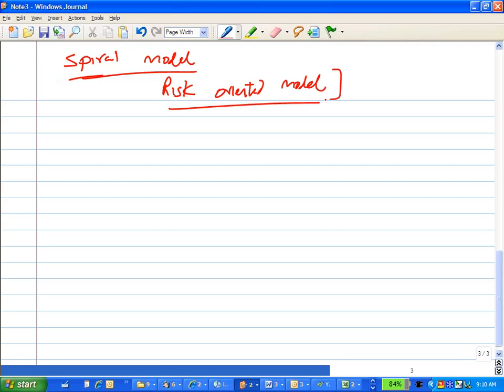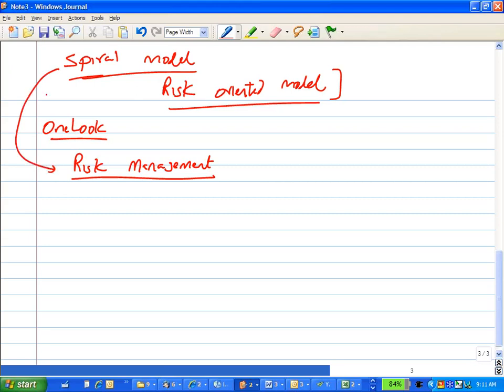Then we talked about a risky project, the one-look project. We said there are a lot of risks in that project. So that also leads us to the topic of risk management. Spiral model and risk management are not related topics, but it's a good time to introduce chapter 8, risk management.